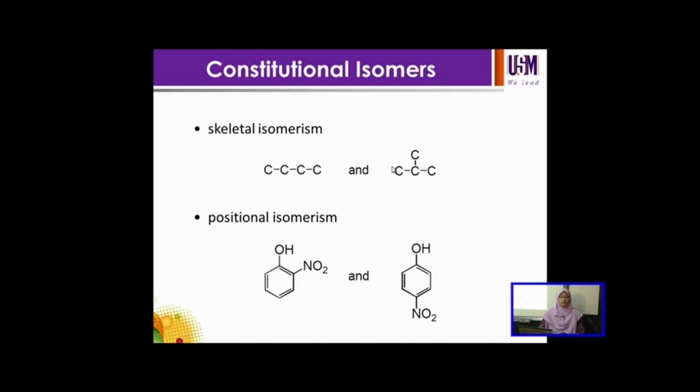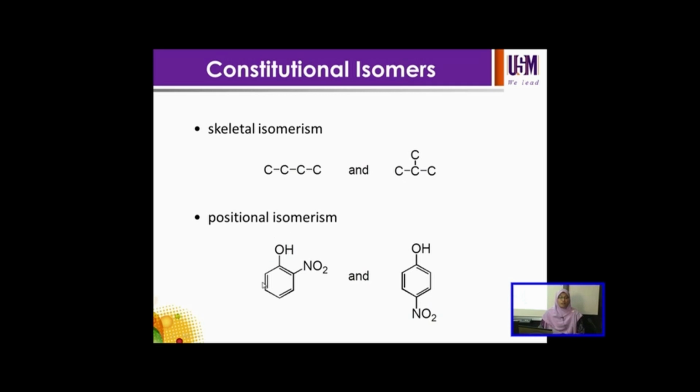But we can arrange the atoms into a branch. Now we have 2-methylpropane, because we have three carbons as the main backbone, and a methyl substituent on carbon number 2.